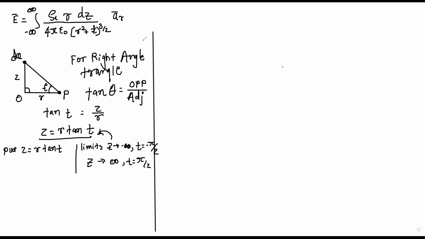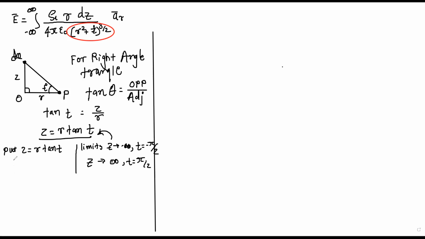I want a substitution for this part, right? म्हणजेच काय, ब्रॅकेट मध्ये r square plus z square raised to 3/2. For this term, I want the substitution. So for that, what I can do is, let us differentiate this with respect to t.